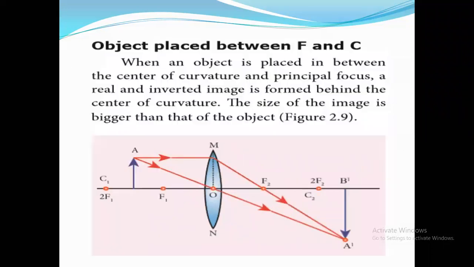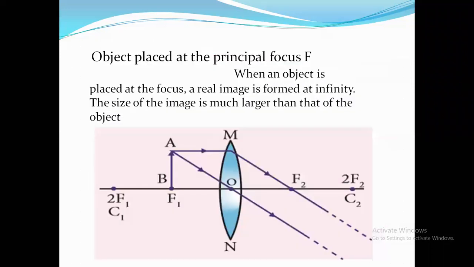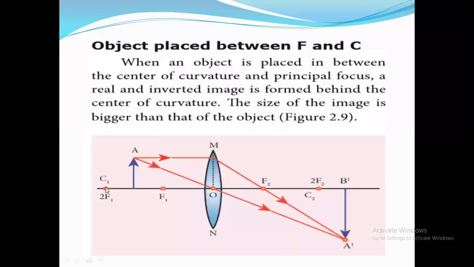Next, object between F and C. First we kept the object beyond C, then at C. Now the third one is in between the principal focus and C1. When an object is placed here, the two rays go through the optical center and the lens, and will be focused beyond C, on the opposite side.